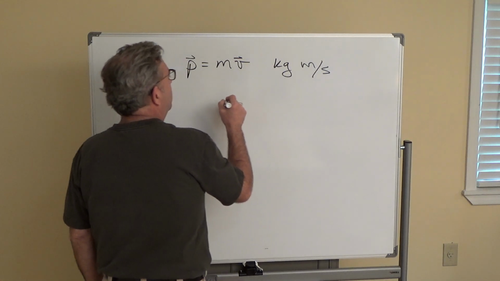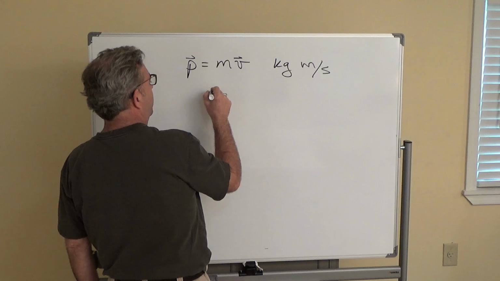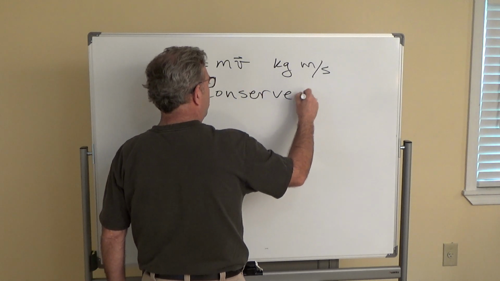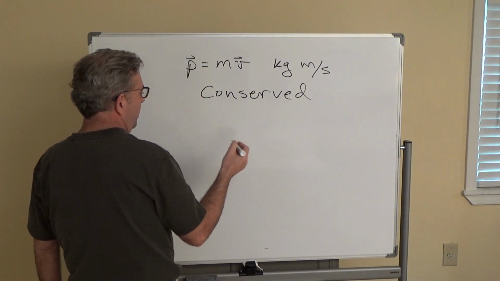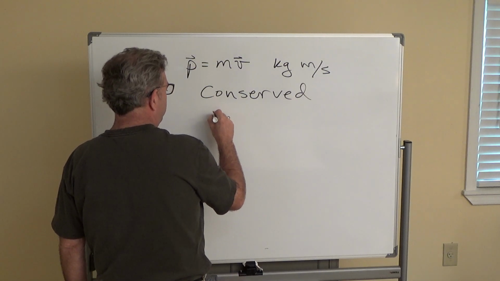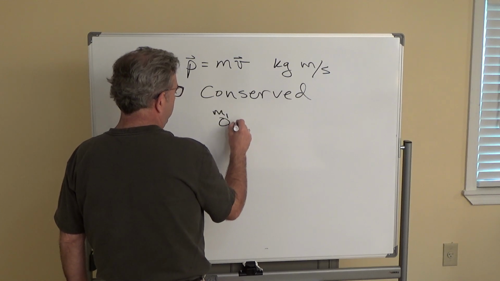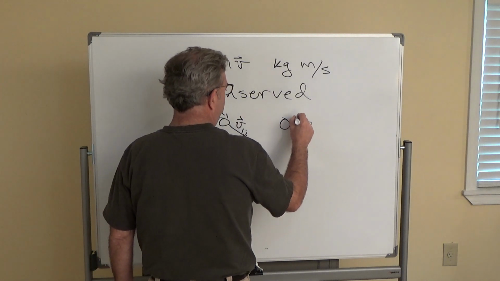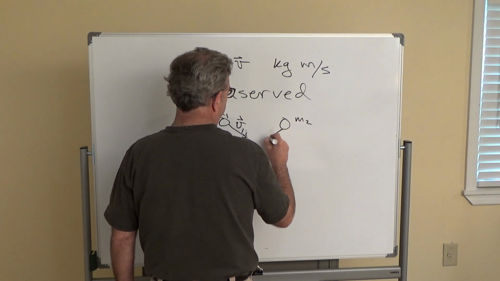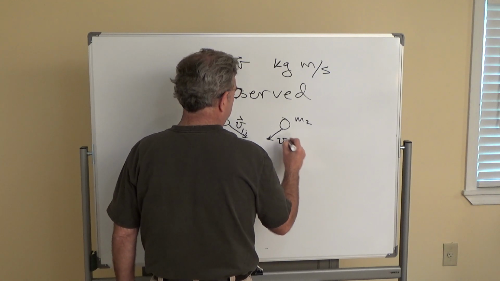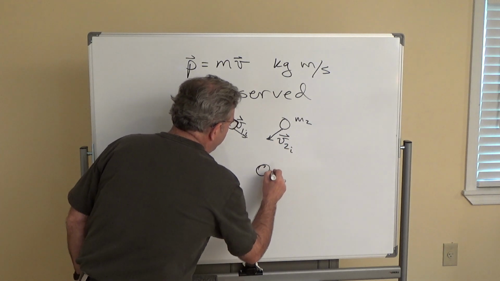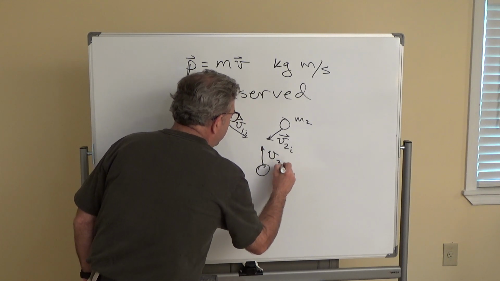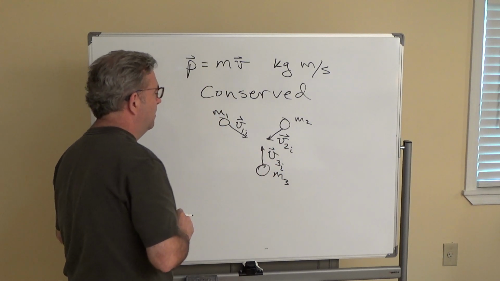And let me talk about this conservation of momentum. It is a conserved quantity. So let's say we have any number of objects. I'll just use 3. Here's M1, here's V1 initial, here's M2, here's V2 initial, here's M3, here's V3 initial, okay?